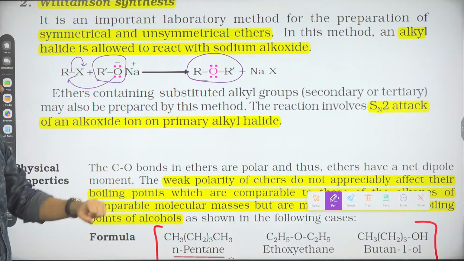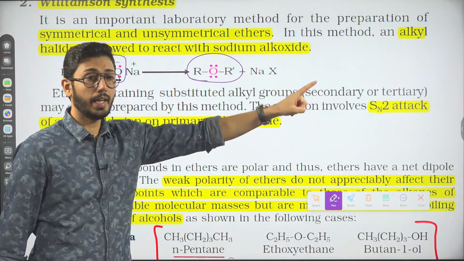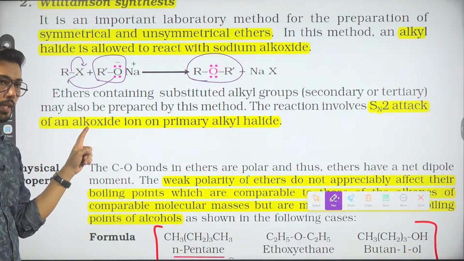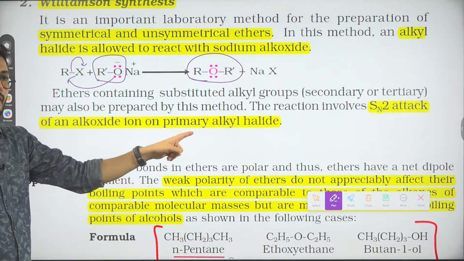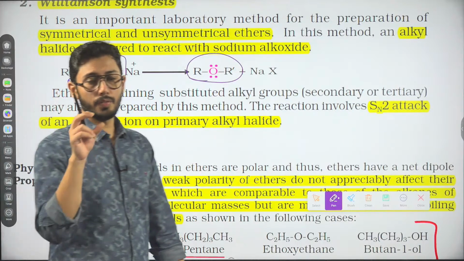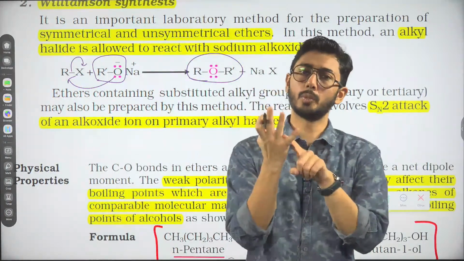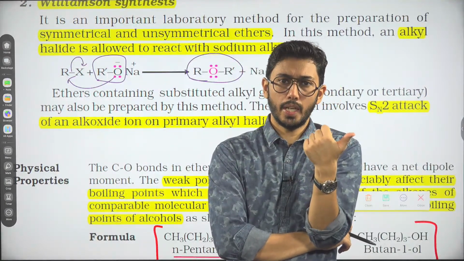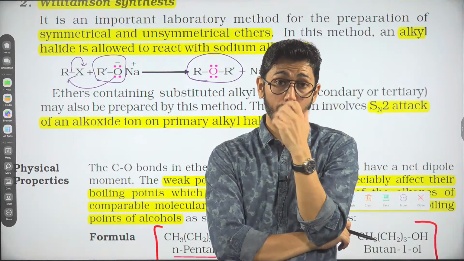The point is, the reaction involves which attack? SN2 attack of the alkoxide. The nucleophile is alkoxide, and what is the substrate? We can say the substrate is primary alkyl halide. So the key points of Williamson ether synthesis: it is for preparation of both symmetrical and unsymmetrical ethers. Reactants are alkoxide ion and alkyl halide. Which reaction?